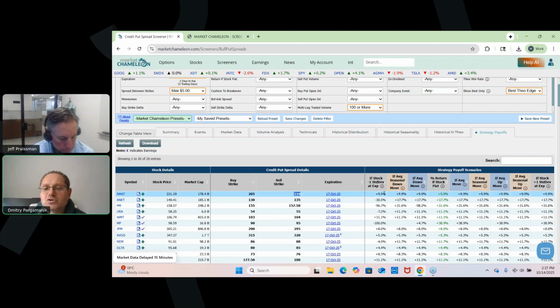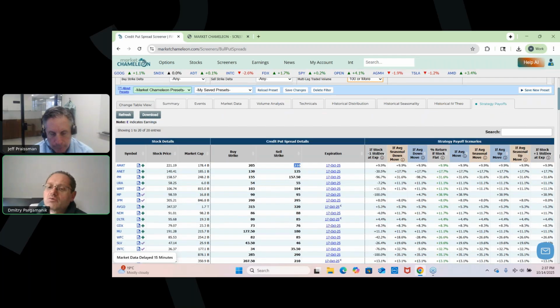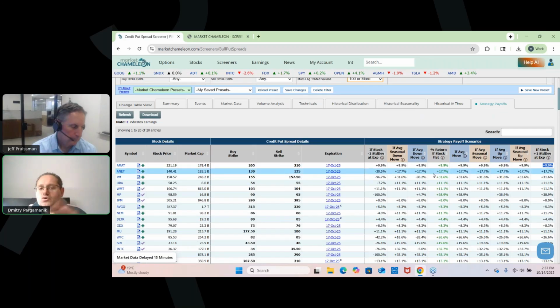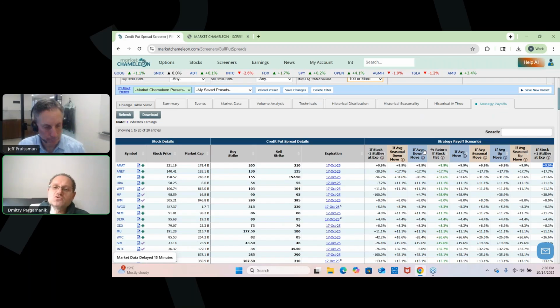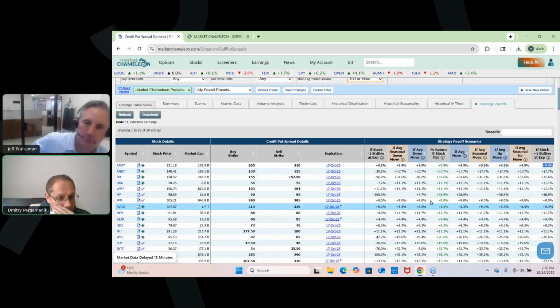It's making 9.9%. A 1 standard deviation move up, 9.9%. And then we have all these other scenarios, moves based on seasonality, moves based on average down moves versus average up moves. So here we also get a quick analysis based on how the stock price moves.